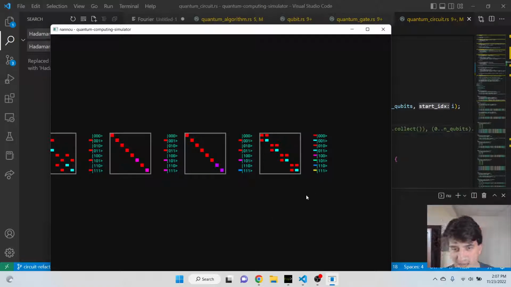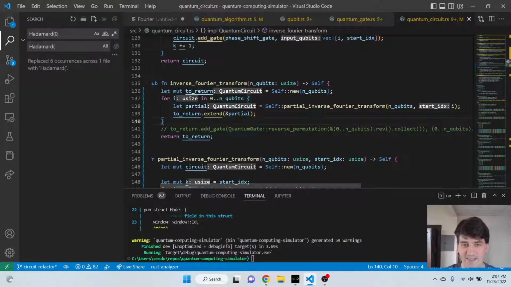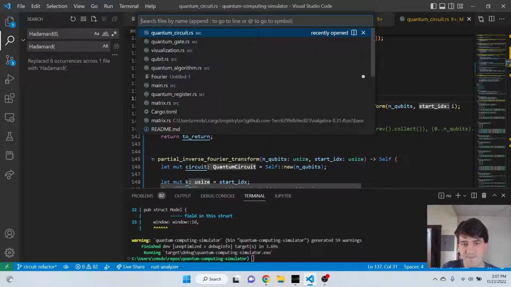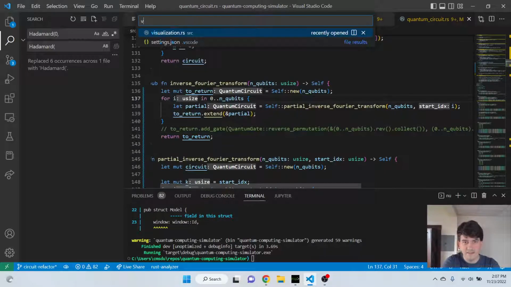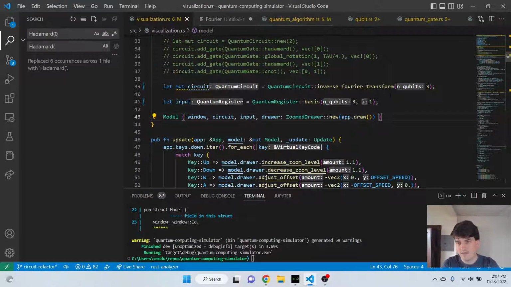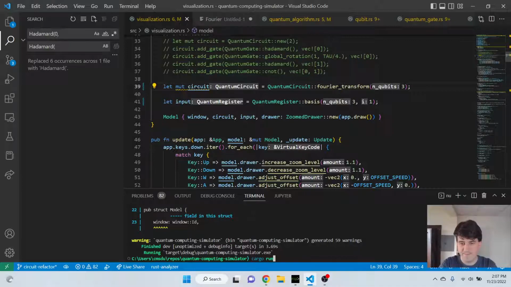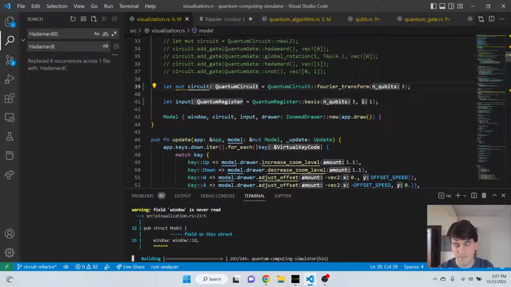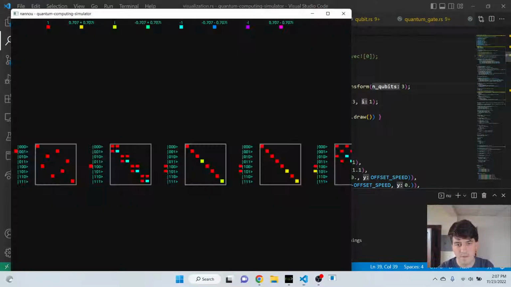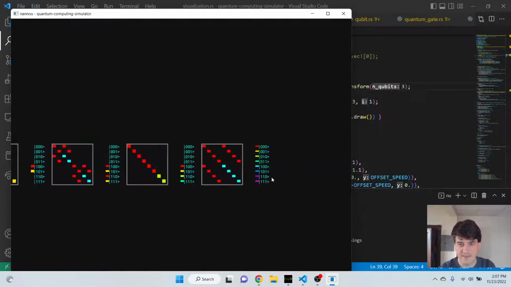But this is wrong. What it's meant to look like is what we have for the regular Fourier transform. It's meant to look like this nice rainbow thing at the end.